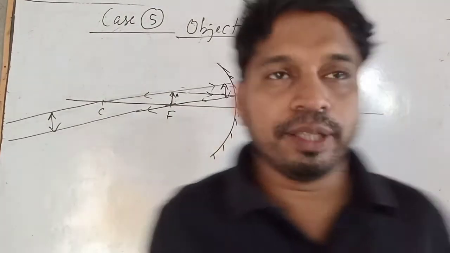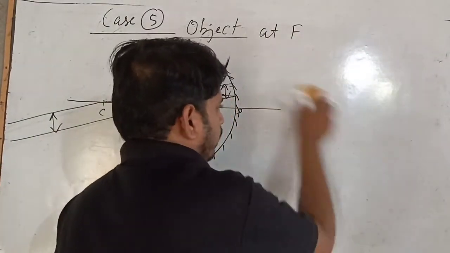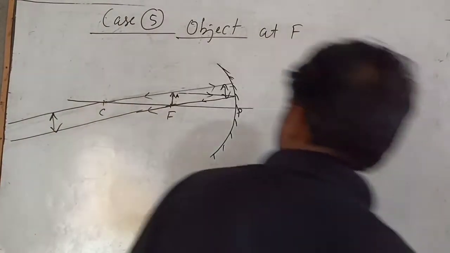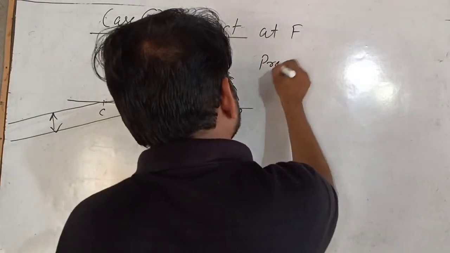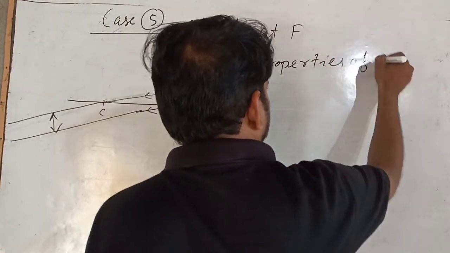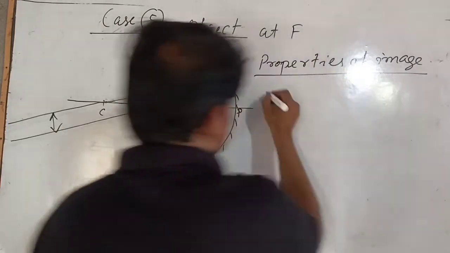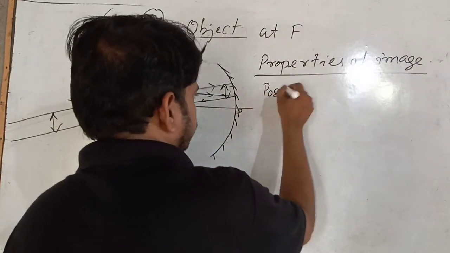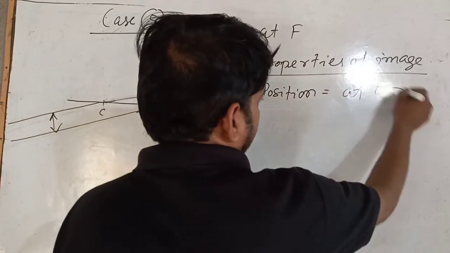Now we can write the properties of the image. First is position, where the image is formed: at infinity.